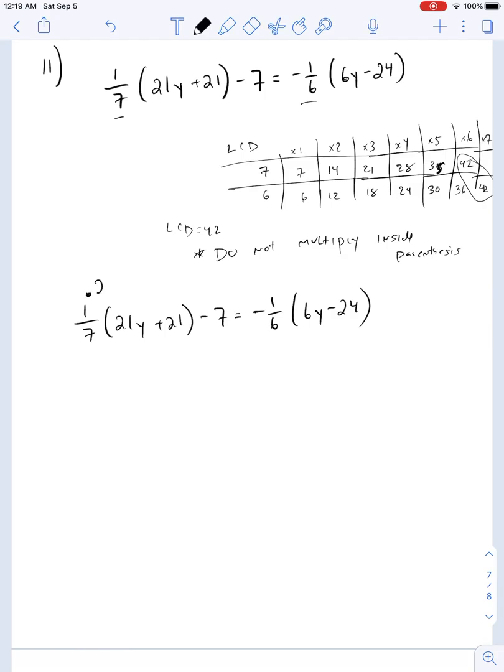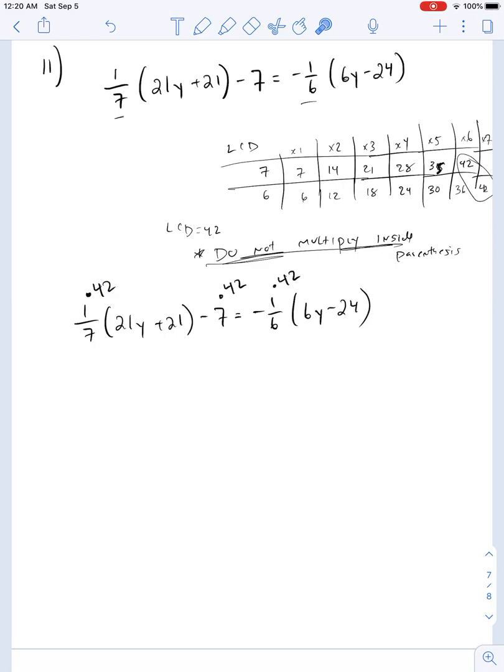It's just this fraction by 42. Not the inside. It's negative 7 by 42, and it's negative 1 over 6 by 42. So once again, we do not multiply inside the parentheses.